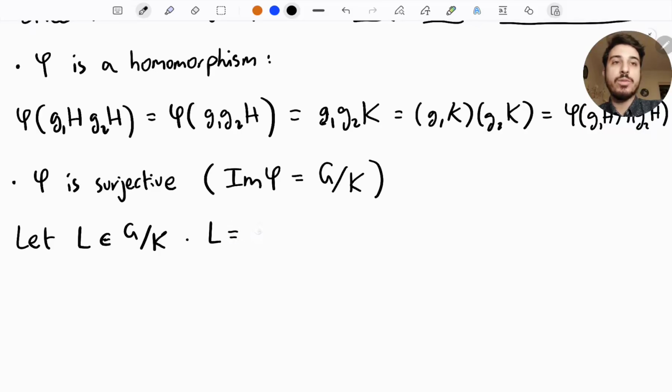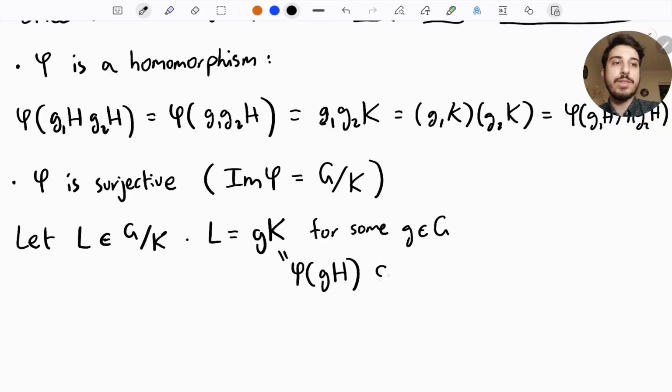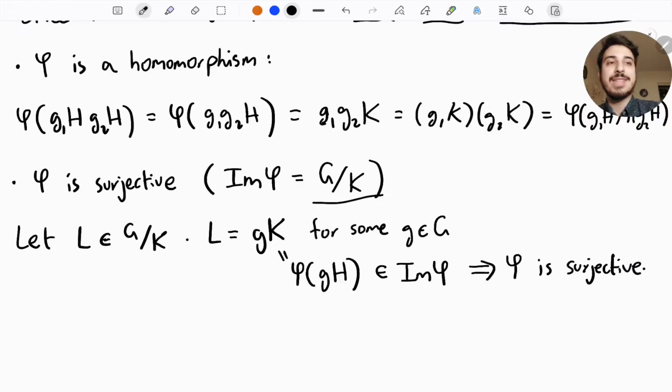Then L is equal to gK for some g in G. But gK is just the image of gH by phi, and this, of course, is an element in the image of phi, thereby saying that phi is surjective, proving that the image is exactly equal to G/K.